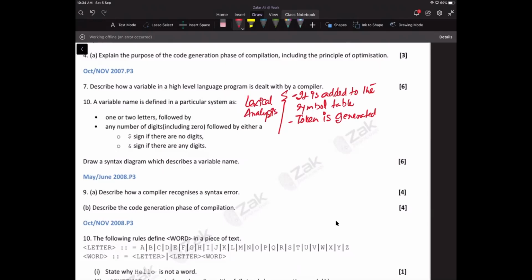Then the data type of this particular variable is added to the symbol table.